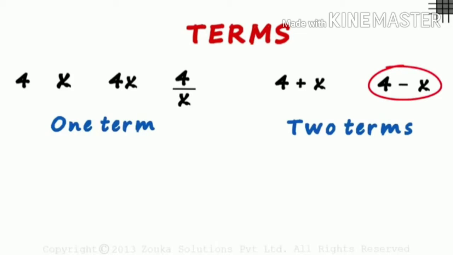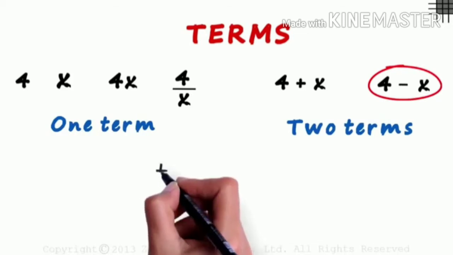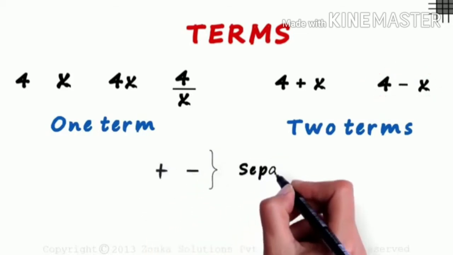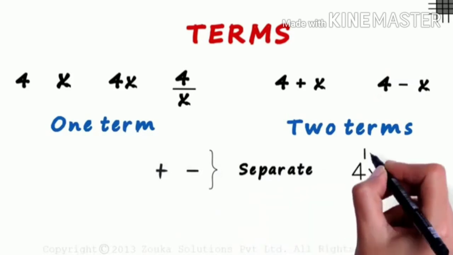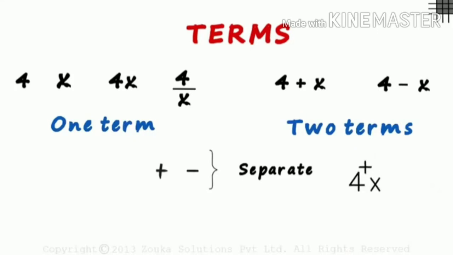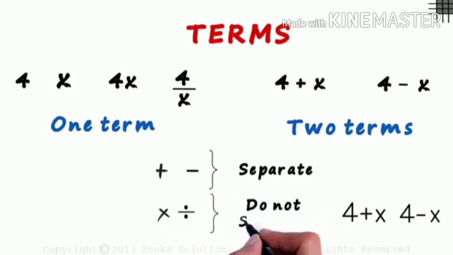It means, remember this thing, by using addition and subtraction we are just separating the terms, and by using multiplication and division we are just making a single term. It means 2xyz is a single term, and 2 plus x, these are two terms.